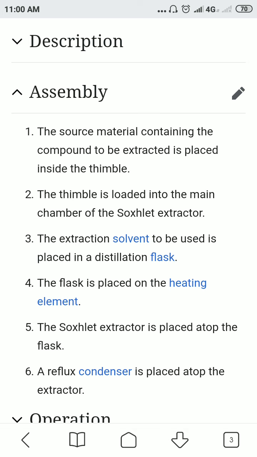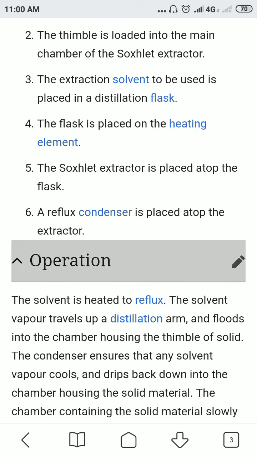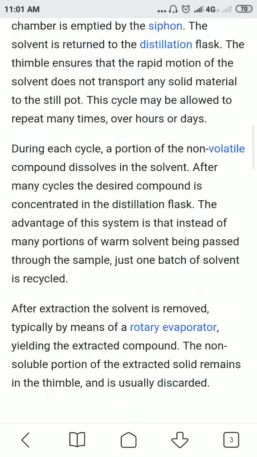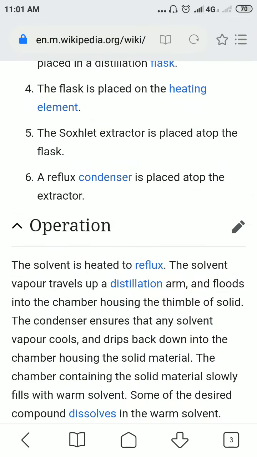Then the middle one contains the thimble, in which the particular drug which we have to extract is filled, and the thimble is prepared using Whatman filter paper or any simple paper. And the upper one has the condenser. So this is the assembly purpose only. Then the operation in Soxhlet apparatus we will discuss in the next lecture.